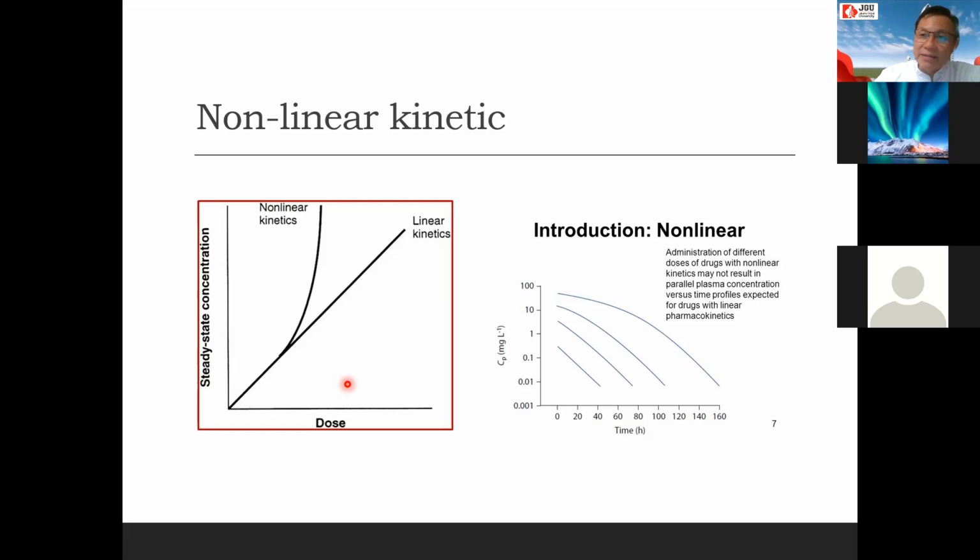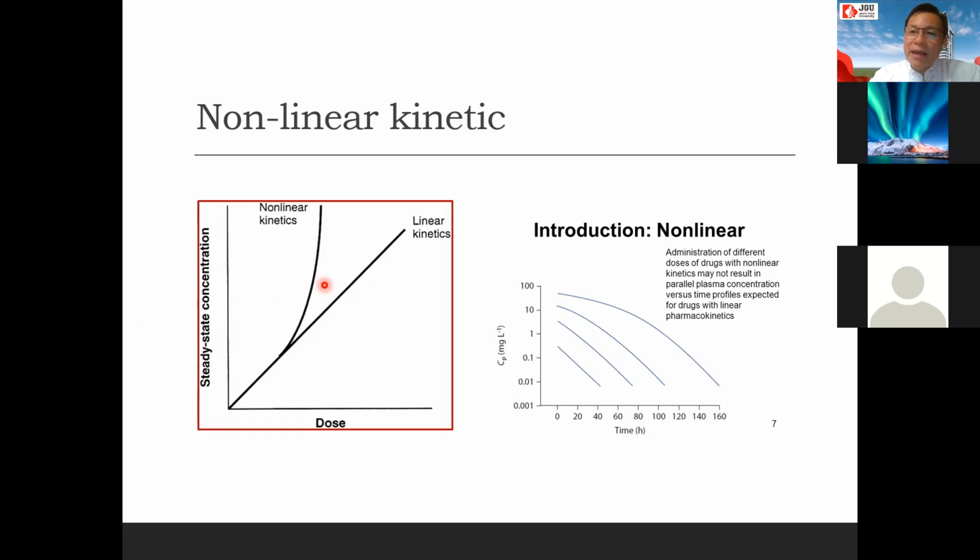If the Vmax is high, it means the maximum amount that the drug can eliminate at one time is higher, so the capacity to eliminate is higher. But if the Vmax is low, the capacity is lower, so it can cause toxicity more.